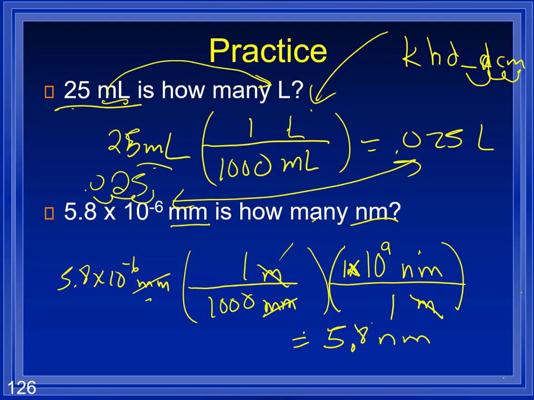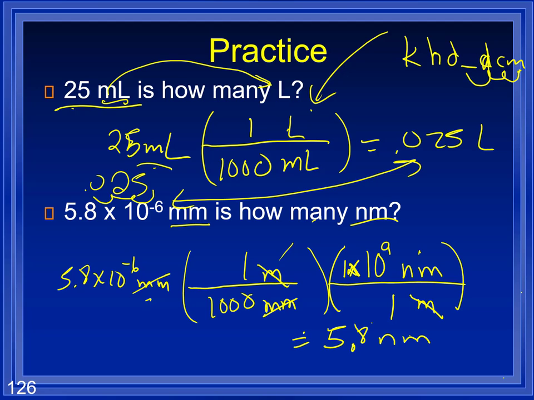Oh, it's liters, sorry. I couldn't see the question while I was doing it. Liters. See, isn't that the beauty of the metric system? If I want to do that with ounces and pounds versus inches and feet, it would not have been as easy. So that takes care of the deciliters.